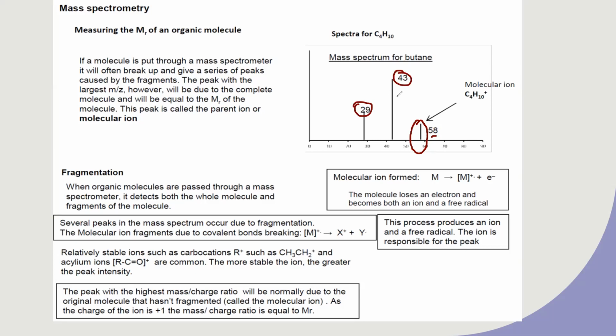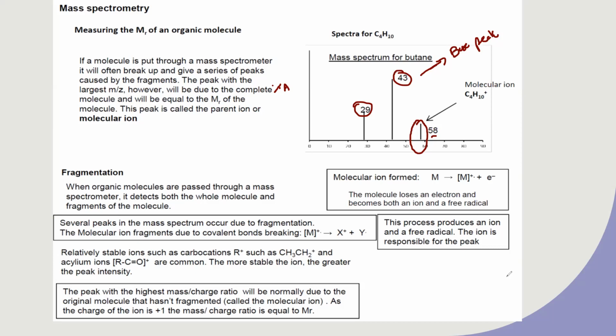The one which has the highest percentage abundance is known as the base peak. So there's a difference between the molecular ion peak and the base peak. The molecular ion peak has the highest mass to charge ratio, whereas the base peak has the highest percentage abundance.